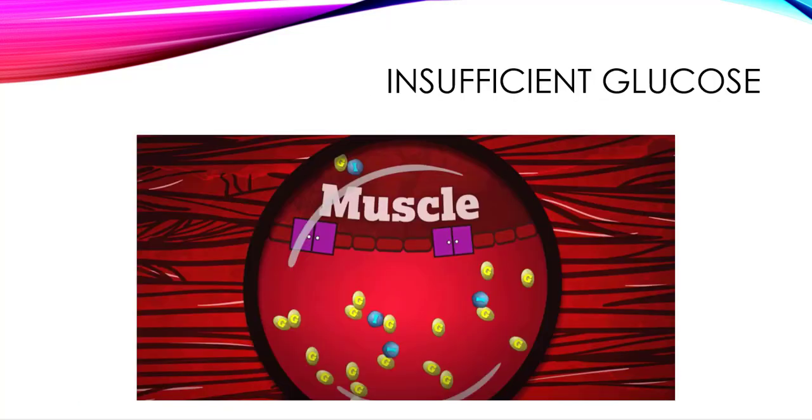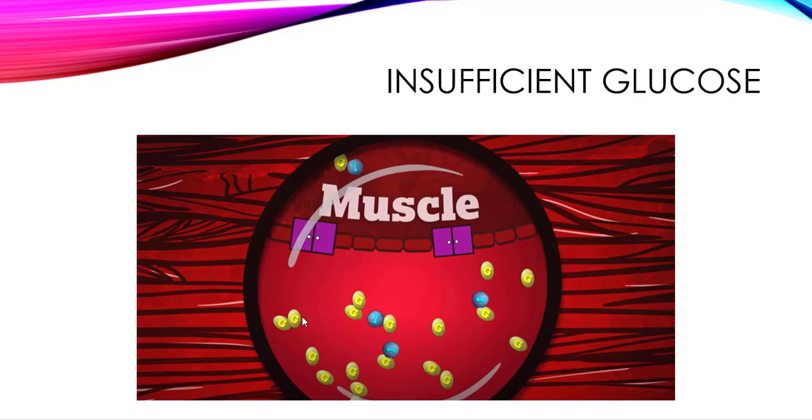When someone has type 2 diabetes, they either make insufficient insulin, which means that there is not enough insulin for the amount of glucose in the blood. And so what happens is that the cell doesn't get enough glucose inside of it to use.